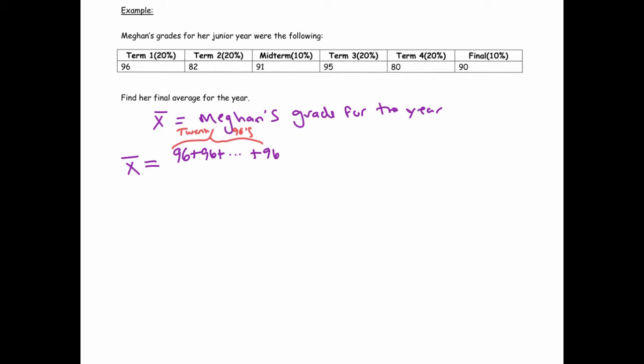Okay, but then we're going to add that to 20 82s. And we're going to add that to 10 91s. And we're going to add that to 20 95s.